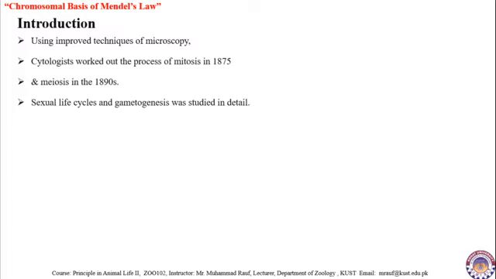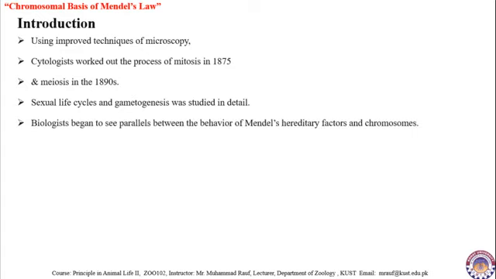The predominant form of division through which gametes are produced is meiosis. Biologists began to see parallels between the behavior of Mendel's hereditary factors and chromosomes.